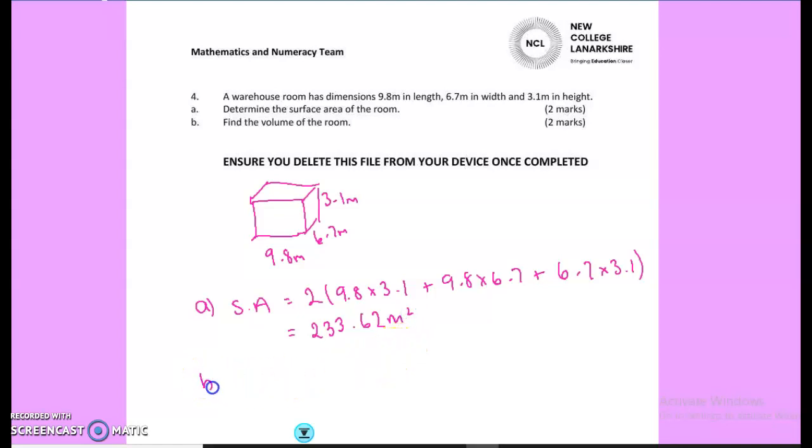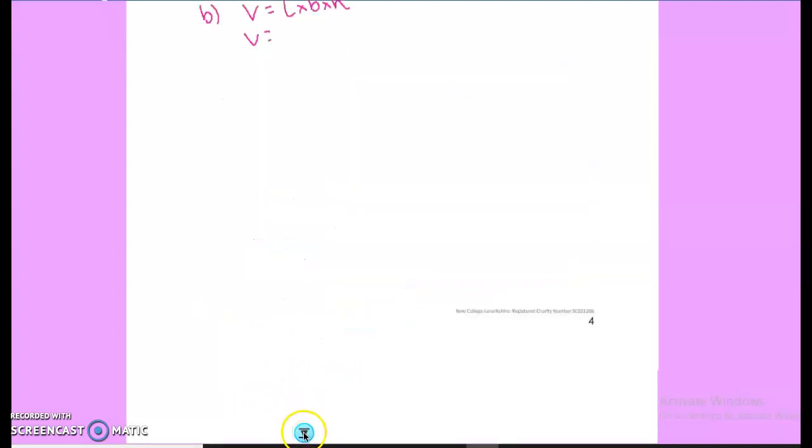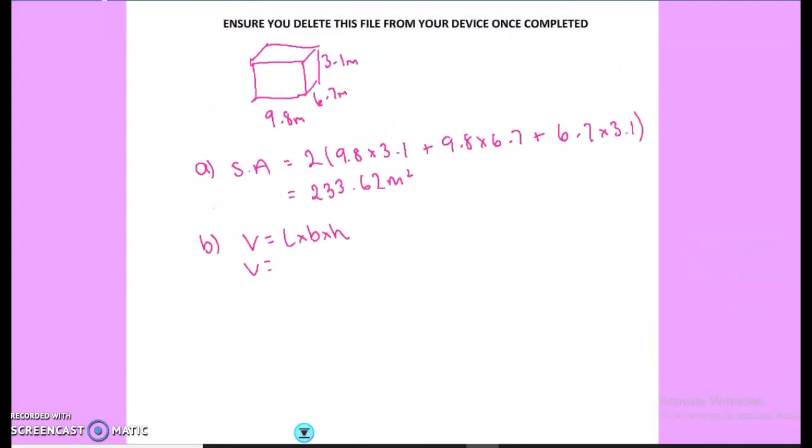Last wee bit then, part B, volume of the cuboid, it's length times breadth times height. Which is 9.8 times 6.7 times 3.1, which is 203.55 metres cubed.